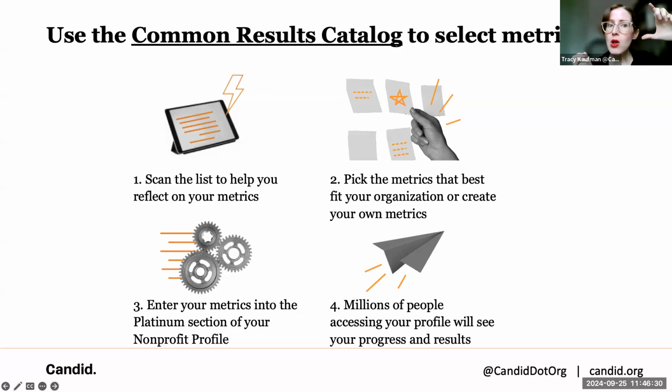And it just goes through all types of organizations, subject areas you might work within, with list after list of ideas of types of metrics you could collect. And it helps you flesh out your GuideStar profile, but it also is just helpful in your nonprofit life day to day. If you're designing programs and want to make sure that they're going to be effective, if you have to create a logic model, things like that. This is a wonderful free resource that can help you figure out your impact and your metrics. Next slide.